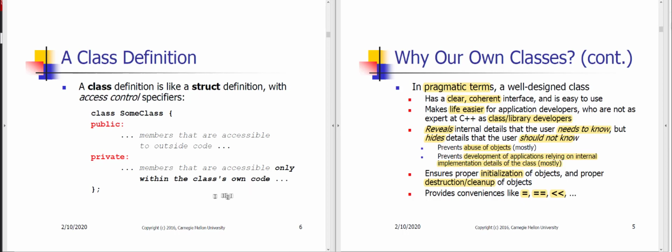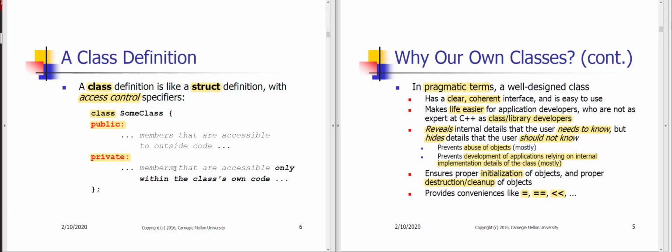Okay, so here on slide 6 is the beginnings of how we define ourselves as a class. A class looks very much like a struct definition, except of course you use the word class instead. And in a class definition, we use what are called access control specifiers to separate things that are public, that is, things that can be viewed by application developers using the class, from things that are private, things that cannot be directly accessed by users of the class.